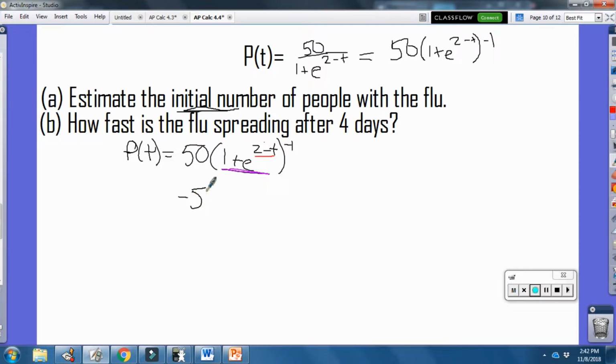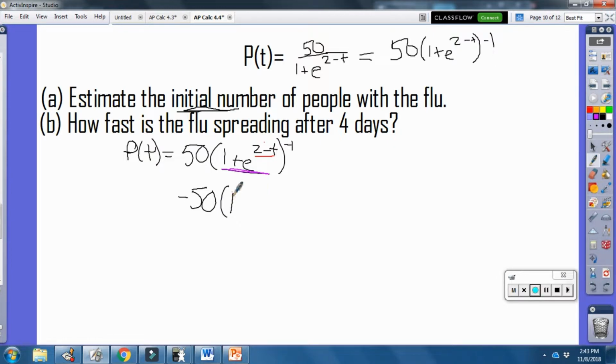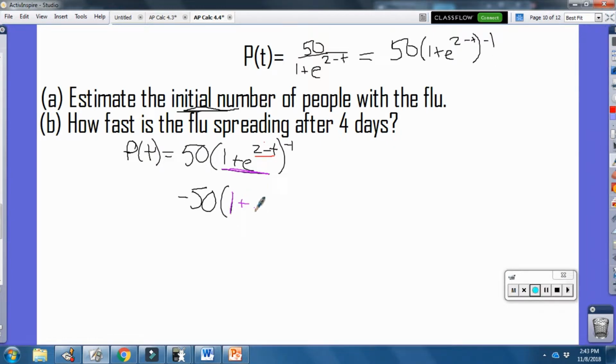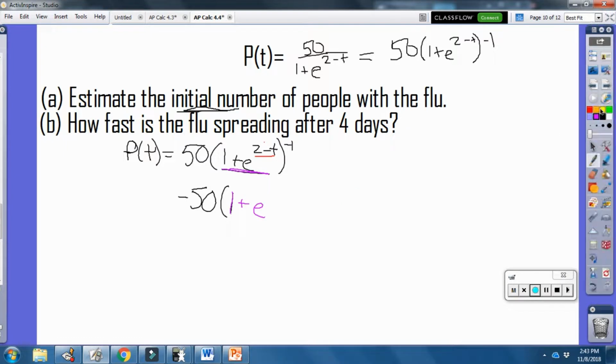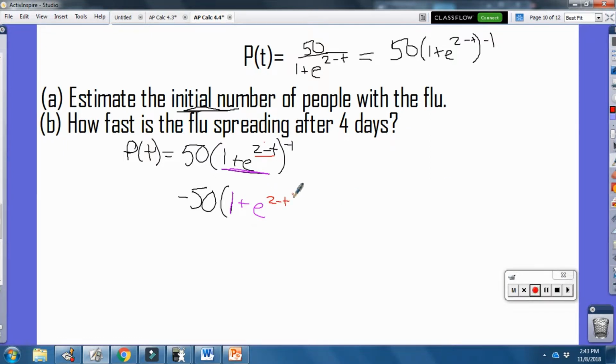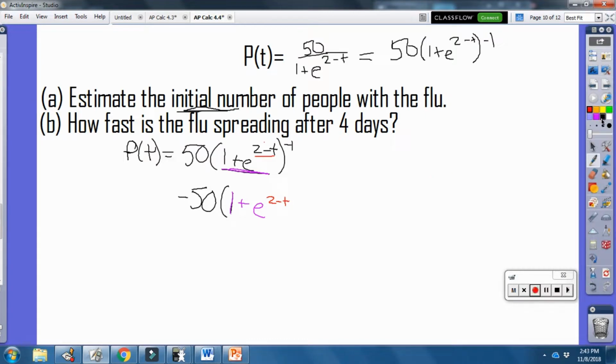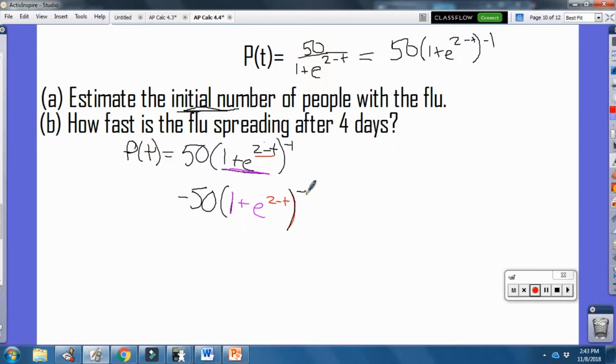I get negative 50 times, so this is 1 plus e to the 2 minus t. And then I'm going to lower this power by 1 to get negative 2. Okay, so we lowered the power.